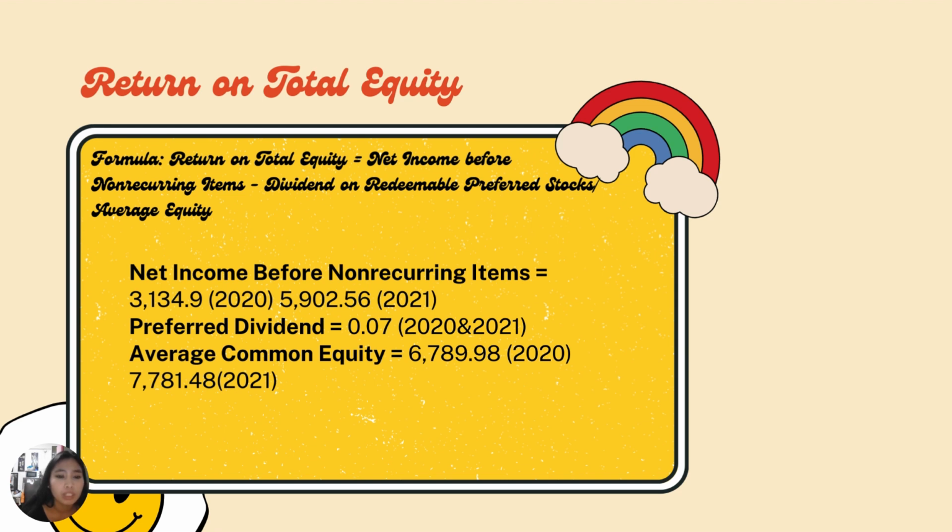Ang preferred dividend natin is 0.07 both sa 2020 and 2021. And yung average common equity natin is 6,789.98 sa 2020 and 7,781.48 para sa 2021.